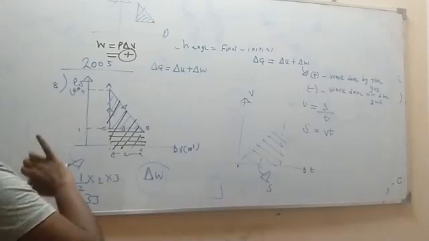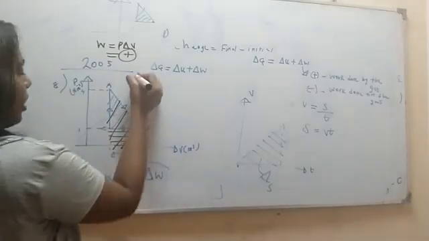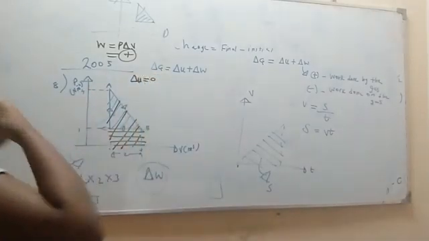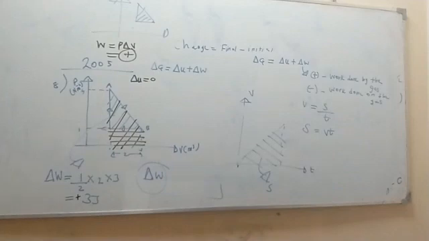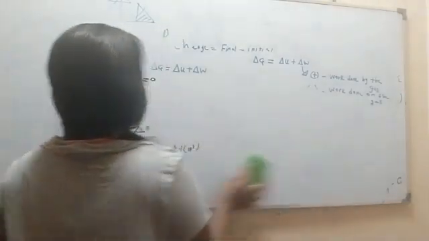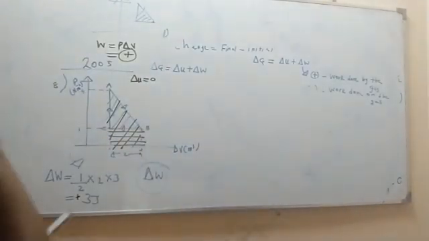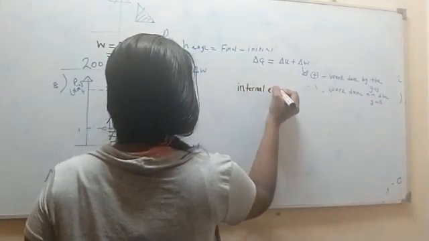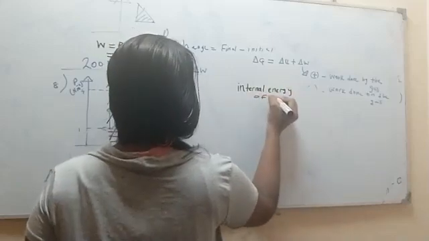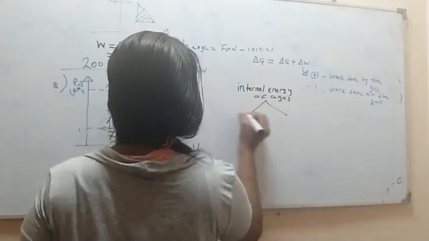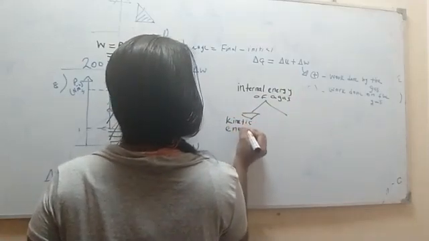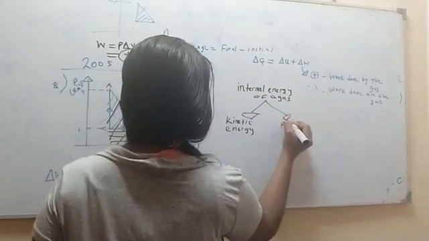For a cyclic process, delta U is 0. I'll tell how. First of all, internal energy of gas molecules: there are 2 types, kinetic energy and potential energy.